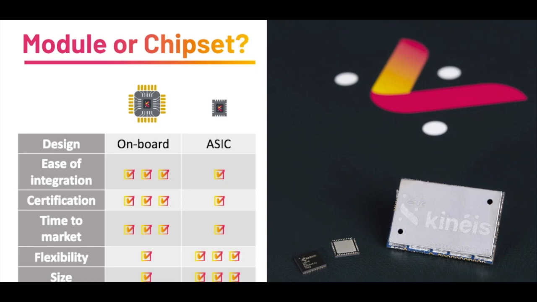And then, well, I already said it, but the last advantage of the chipset is actually the size. You can see it on the picture. It's much smaller, although it needs a few components behind. It can allow to achieve smaller sizes for the devices.